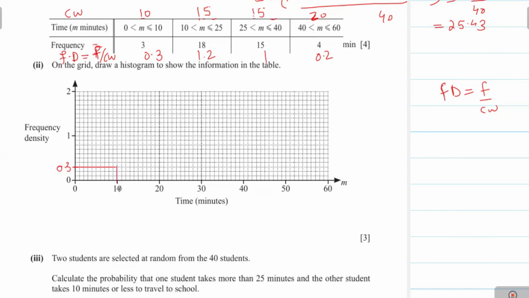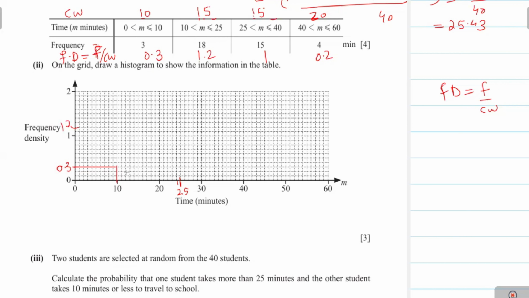This is the first bar of the histogram. Next is 10 to 25, and we mark here the position 25. This is 25, and the height is 1.2. We mark here the height. This is the position 1.2.